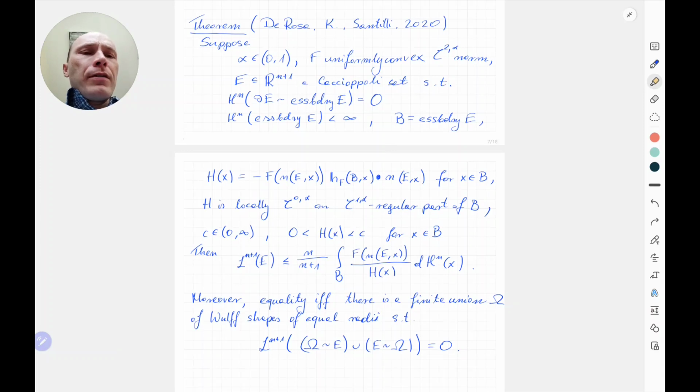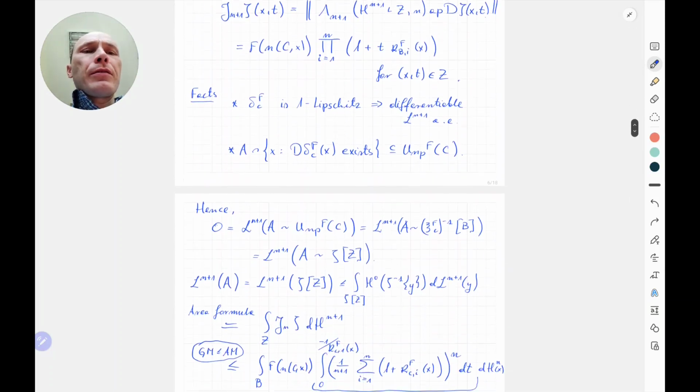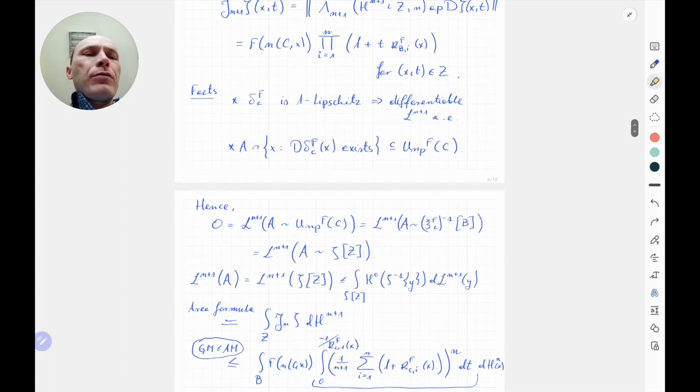Okay, so these are the assumptions, and then we prove the Heinz-Karcher inequality, and then from the proof, because it's the Montiel-Ros argument, as before, we deduce that equality holds only if we have a finite union of Wulff shapes. As I said, to do the Montiel-Ros argument, we actually need to know that this function zeta covers almost everything, right? We need to know this property.